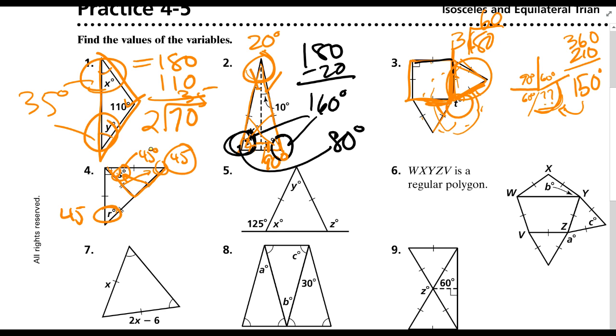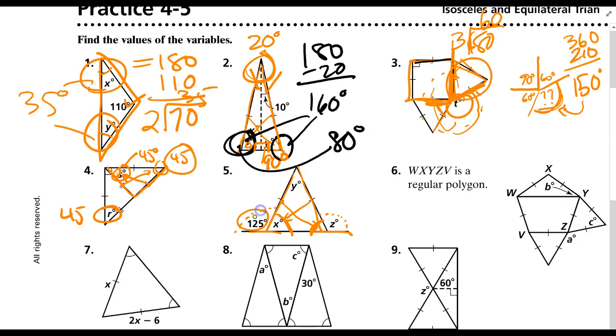Number 5. Isosceles triangle. Angles opposite congruent sides are congruent. And let's see, if this one is equal to this one, then this part out here should actually be equal to this part out here, because they both add up to be straight lines. So supplements of congruent angles are equal.